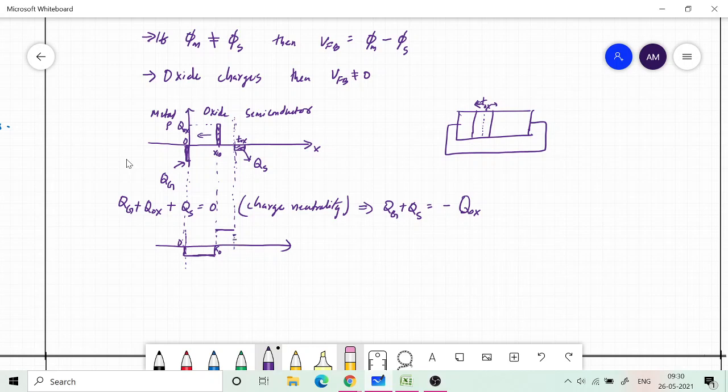Earlier we said it should be almost 1 by 3, so it will be something like this. Whenever there are no charges encountered in between, your electric field will be constant.